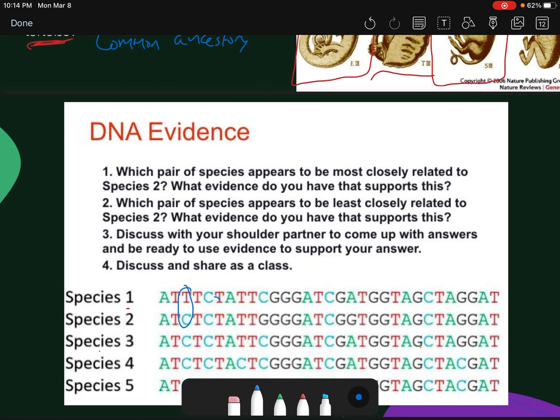So this one has the most base pairs that are different out of all of the others. Okay, so species 1 is going to be the most different.